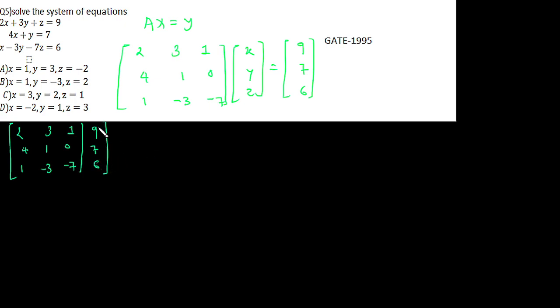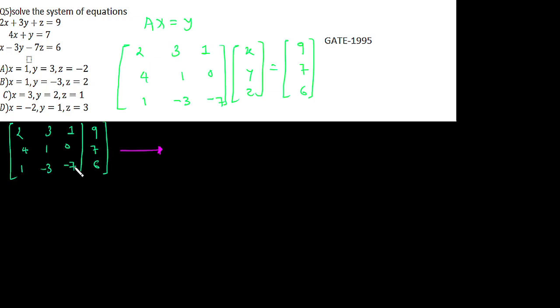We have to apply some row operations on it, and we have to reduce it into echelon form, such that we can find these variables x, y, z easily. So let's do some row operations.